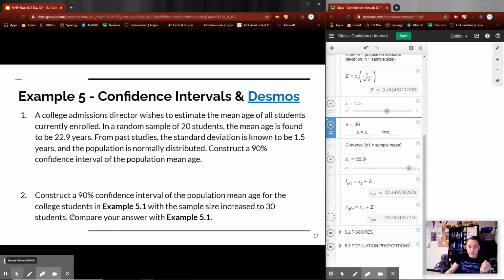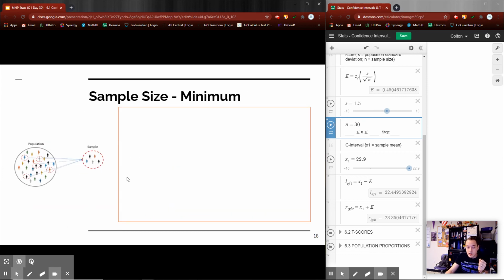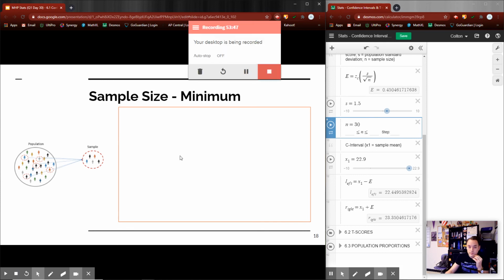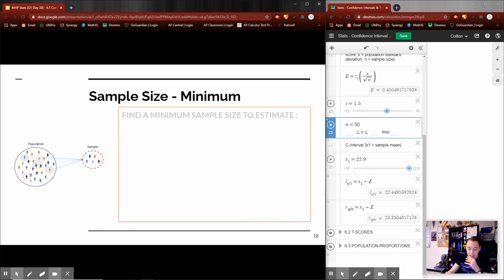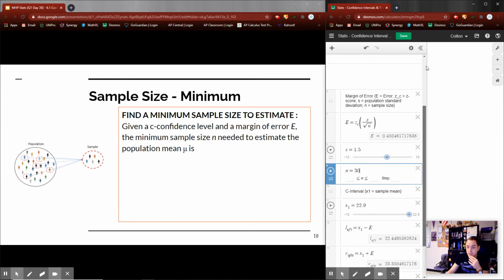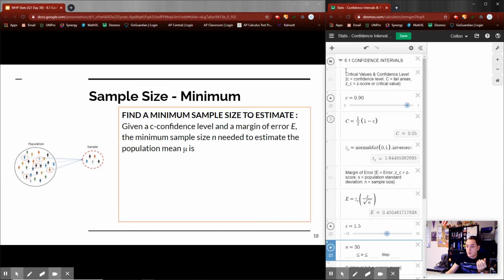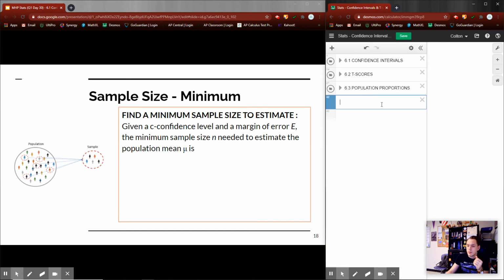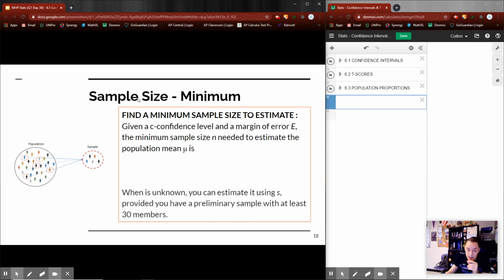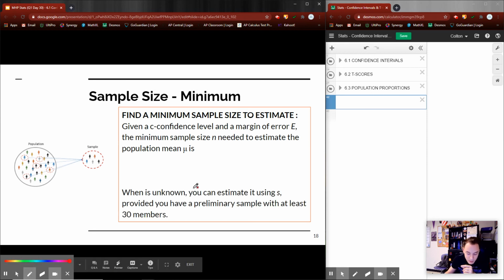Okay, so let's erase that and go on to what we call the minimum sample size. The minimum sample size is actually very, very simple, guys. I'm just going to go through two real quick examples, and I'm going to utilize Desmos for it a little bit. Given a confidence level c and a margin of error E, the minimum sample size n needed to estimate the population mean mu is what follows.